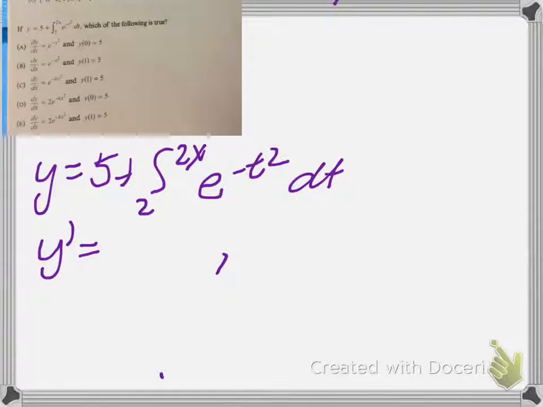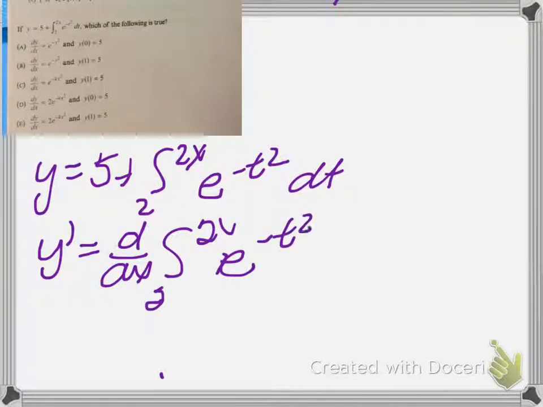Right, dy dx and y prime are the exact same thing. Okay, so the derivative of 5 is just 0. And then the derivative of the second piece would look like this. It's not as easy to write on this one for some reason with this app as on the others. Sorry about that. Okay, but now this is the second fundamental theorem of calculus.